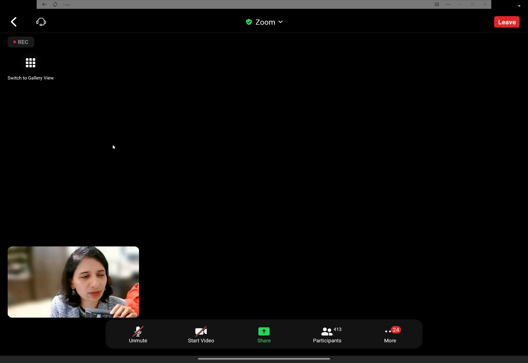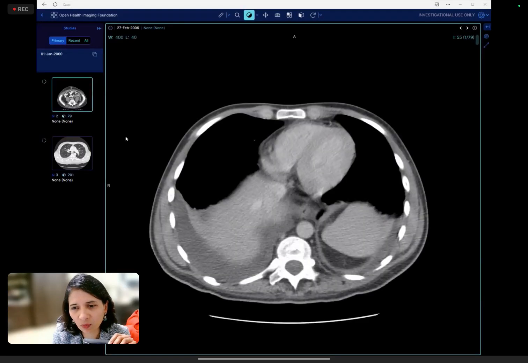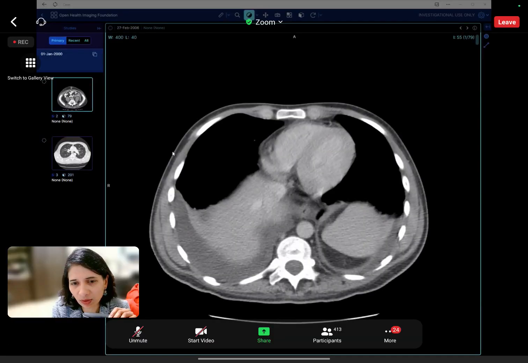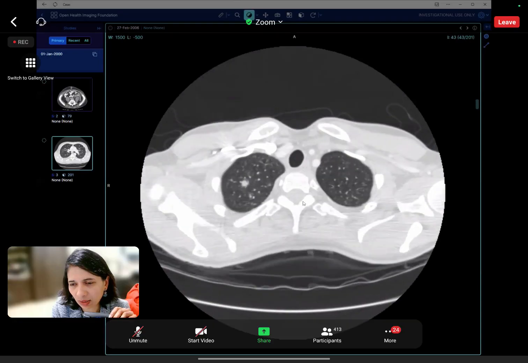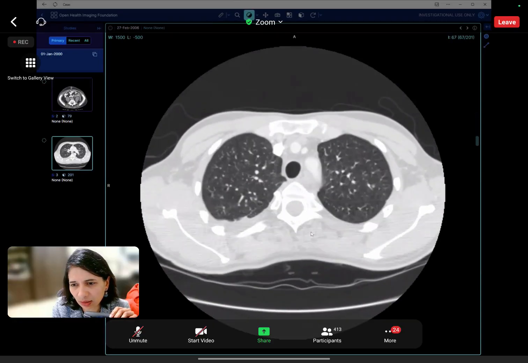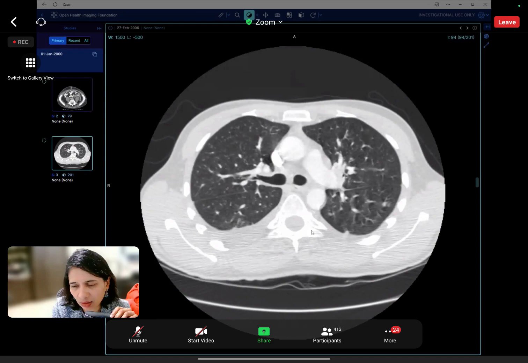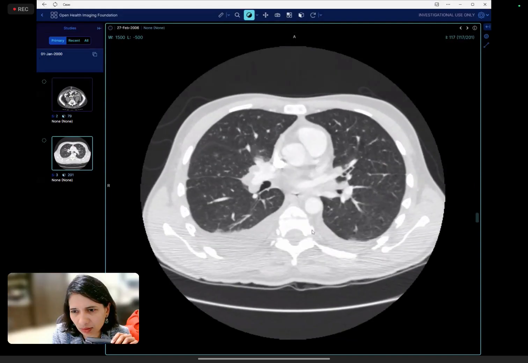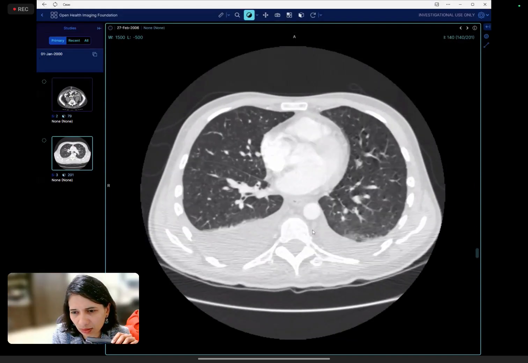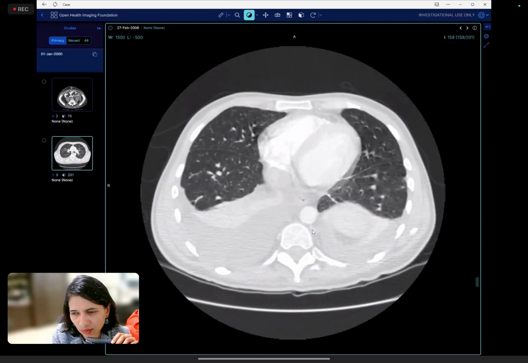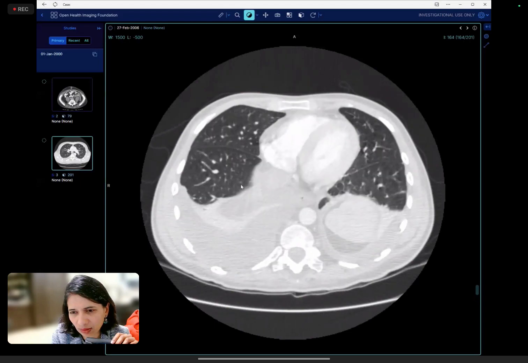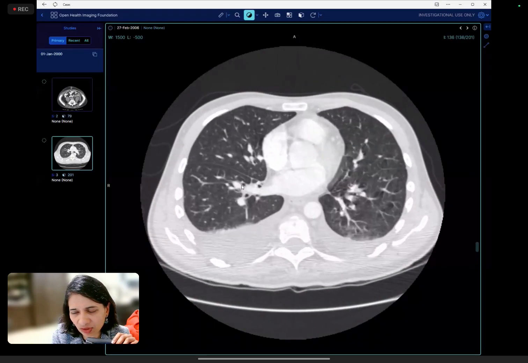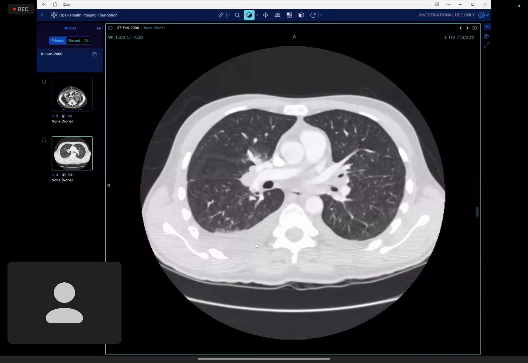So this patient is unwell and has been on follow-up on treatment, and this is the CT scan of the chest.